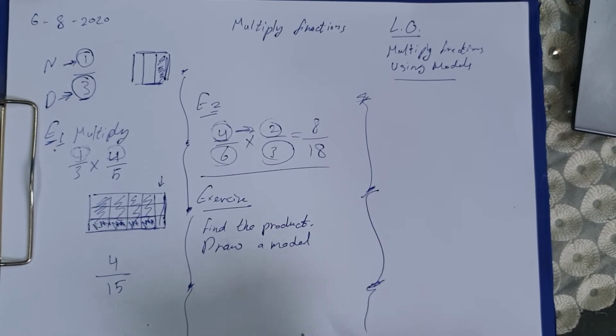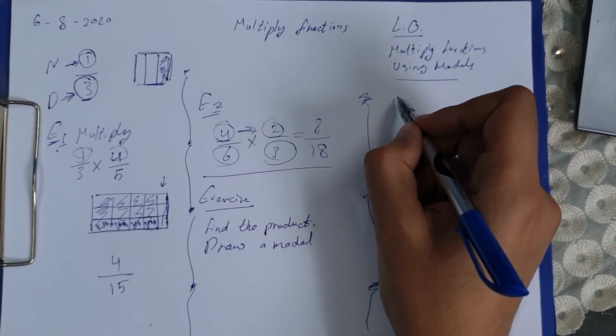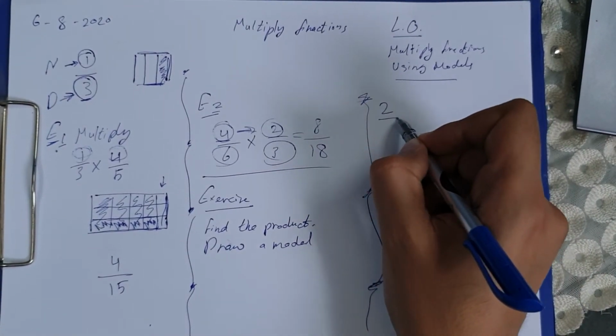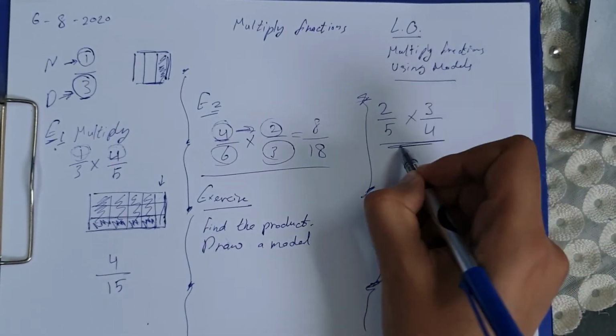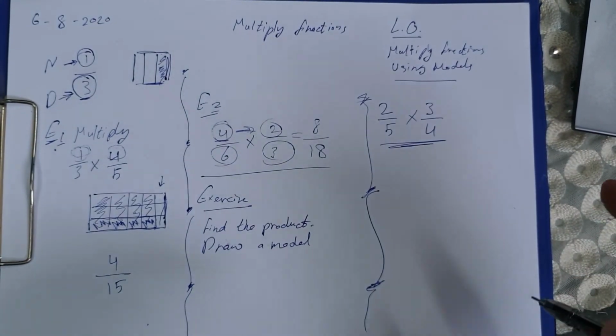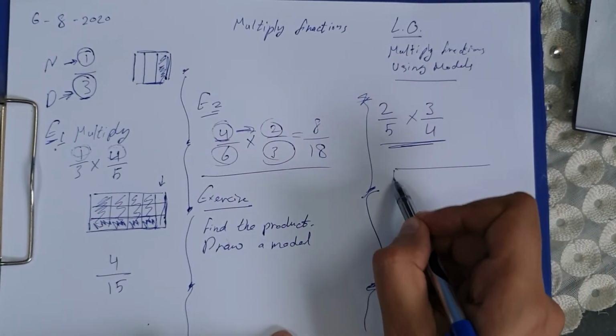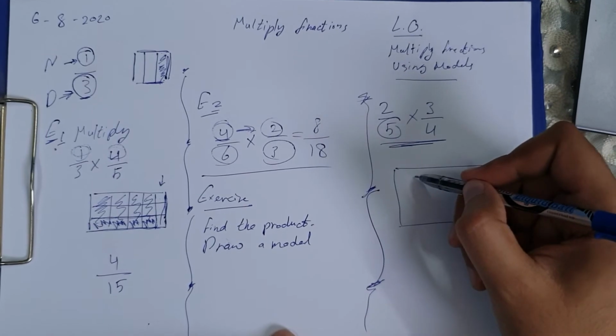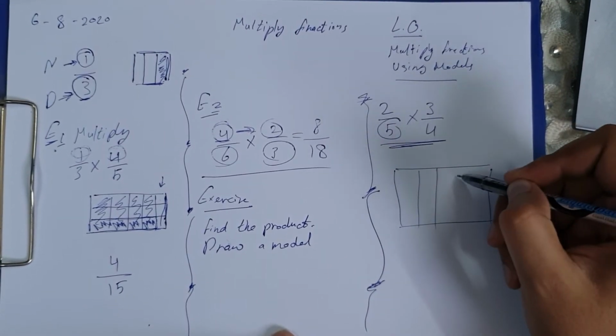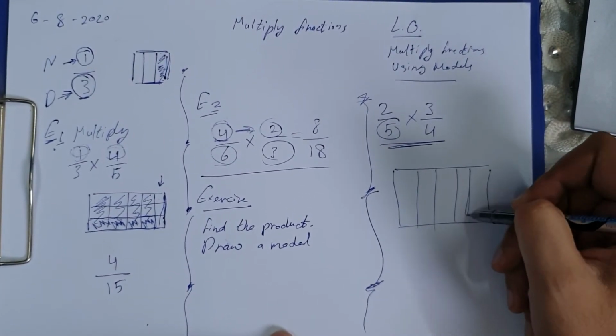Okay, for example, we have here 2 over 5 times 3 over 4. This question for your student, I will solve it. We will draw the same rectangle. I will divide it into 5 parts, which is 1 2 3 4 5.